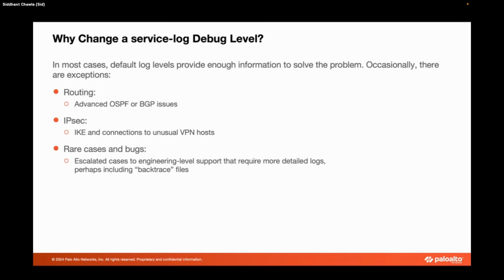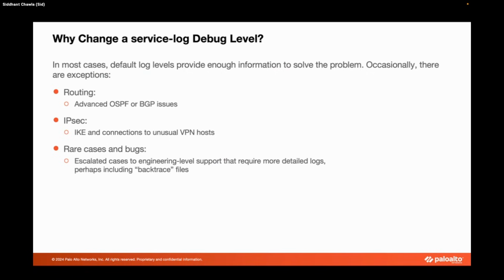However, there will be certain requirements where you need to collect extensive logging for the daemon to troubleshoot any issue, because info mode sometimes may not be sufficient. Use cases or examples: for routing, we recommend to collect logs in debug mode, for advanced OSPF or BGP issues.